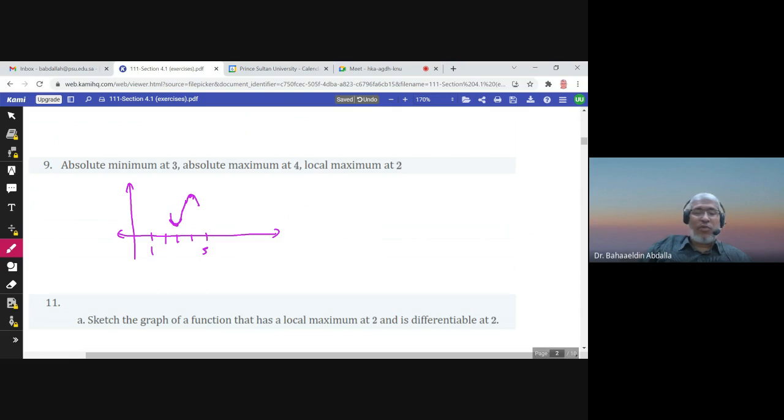At 2, it will go up, but not as high, so it has to stop here. So for this graph, f of 3 is the absolute minimum, f of 4 is the absolute maximum, and at 2 we have a local maximum.